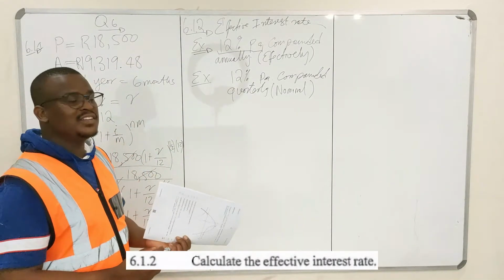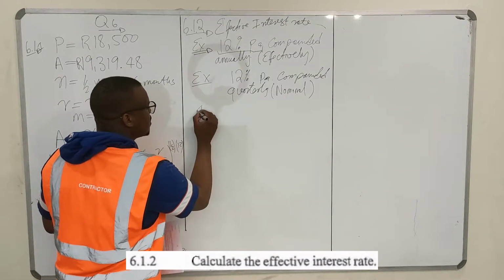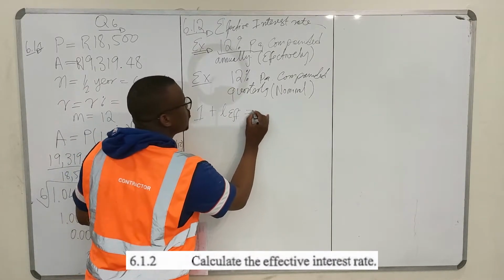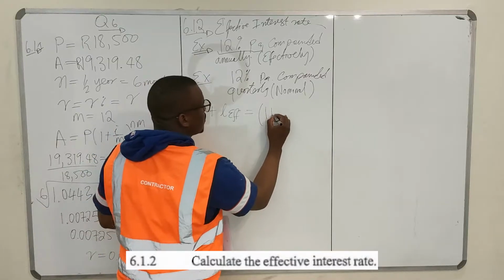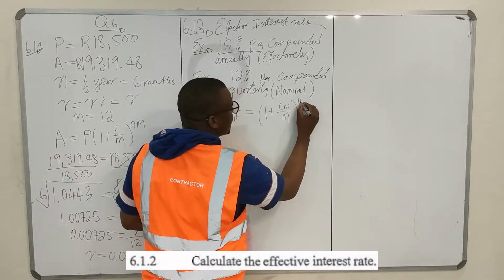So that's the difference between these two interest rates. They wanted to find the effective interest rate. To find the formula for that, you say 1 plus I effective, which is what we want to calculate, is equal to 1 plus I nominal over your compoundings, raised to your compoundings.